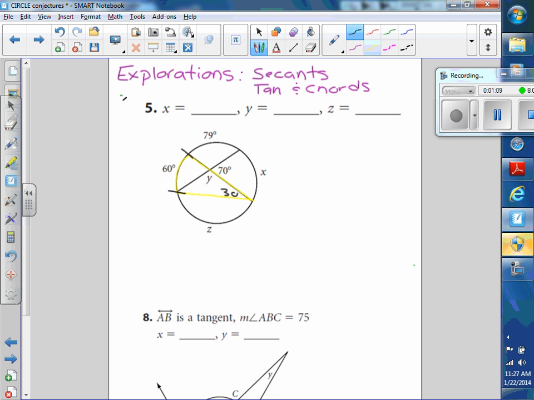It also intercepts this arc there, because we know that 70 and 110 are supplements. So 70 and 30, or you could use the exterior angle theorem: 40. So by the exterior angle theorem or the triangle sum theorem, this angle is 40 degrees, so x is 80.